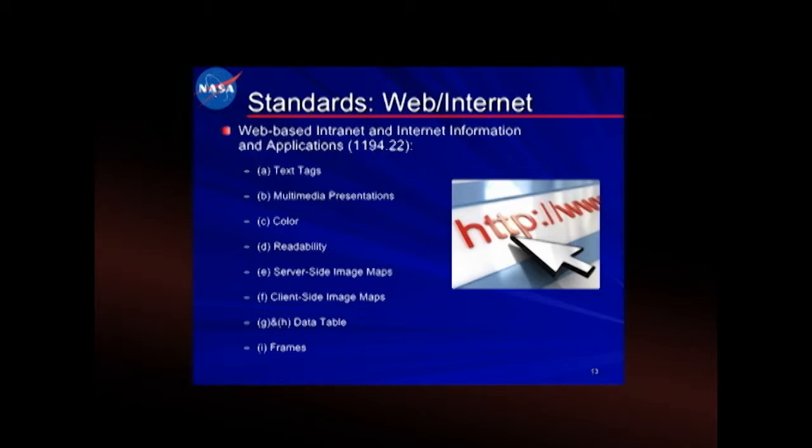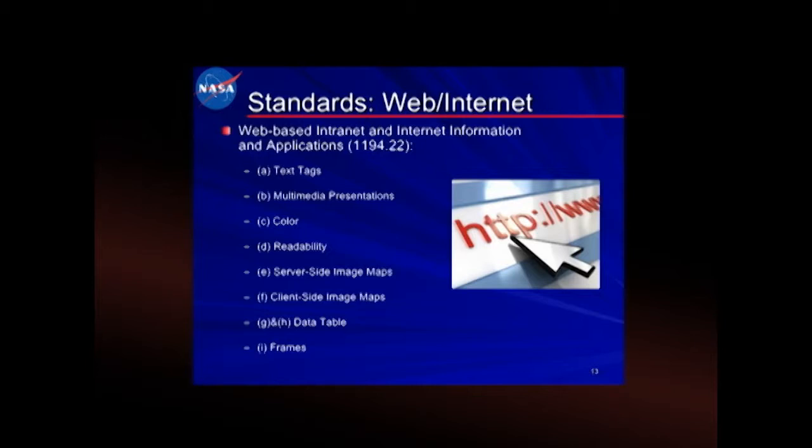All right, so pretty straightforward. You have to make sure you have alternate text for non-text elements. That would be audio, video, images. There are also some cases where applets would be non-text elements.